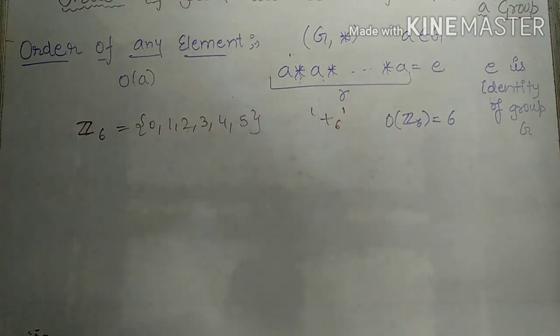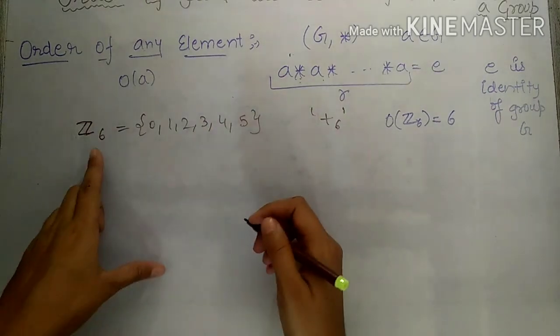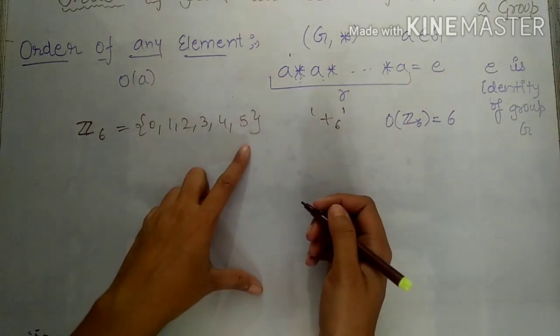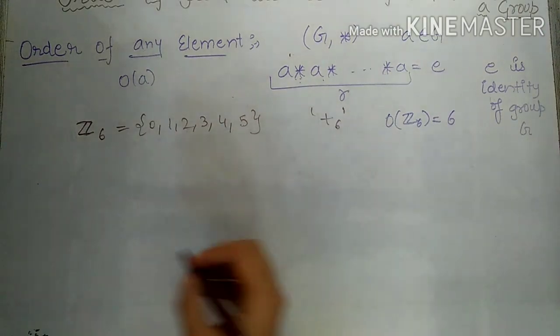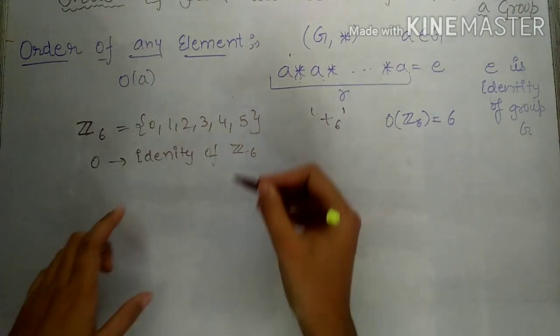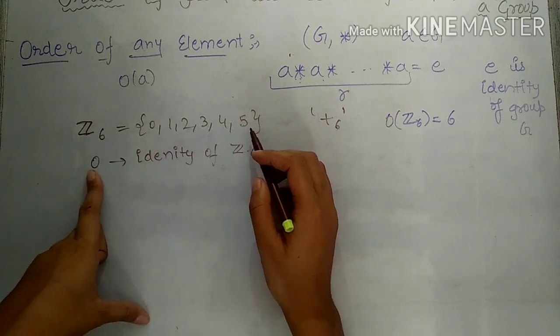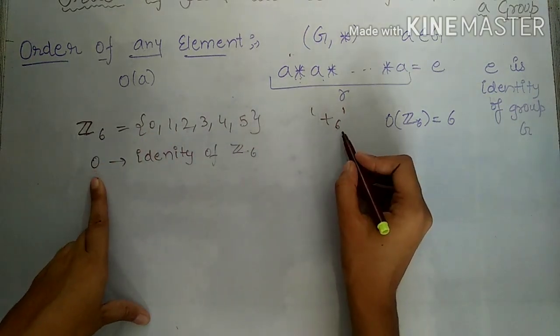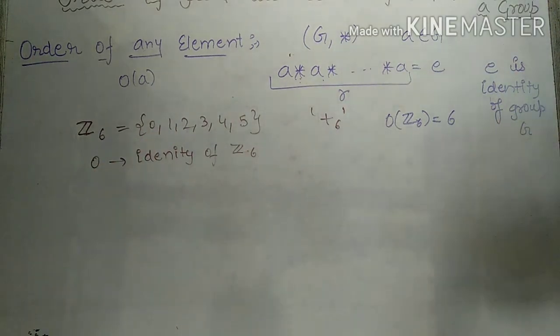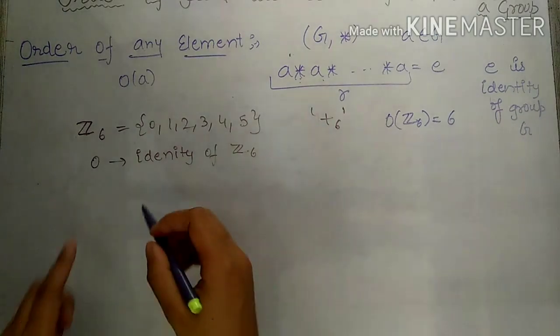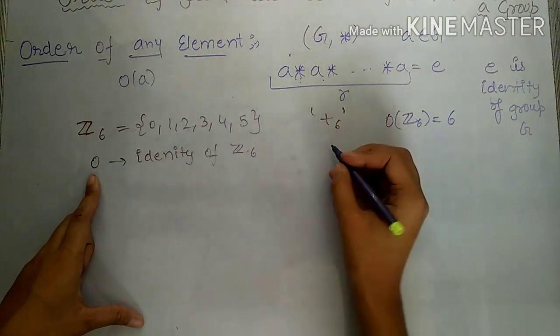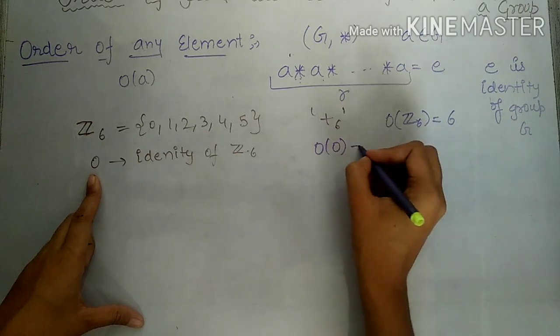Now let's talk about the order of an element in this group. First, what is the identity of this group? We know the identity of this group is 0, because when any element is operated with 0 under the operation of addition modulo 6, it remains the same. So 0 is the identity of Z6, and what is the order of 0? Order of 0 will be 1.